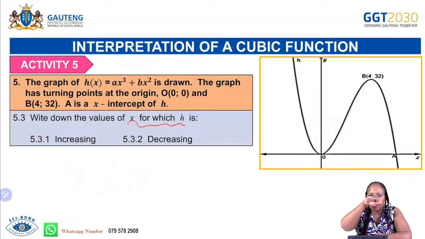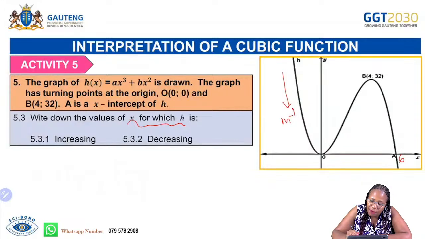At a turning point, it is stationary. You can't tell whether it's increasing or decreasing. So now we want to identify in this function, remember we know now this is 6 here, we want where the graph is increasing. So this part is going down. That means the gradient is negative. So if it is negative, it is decreasing.